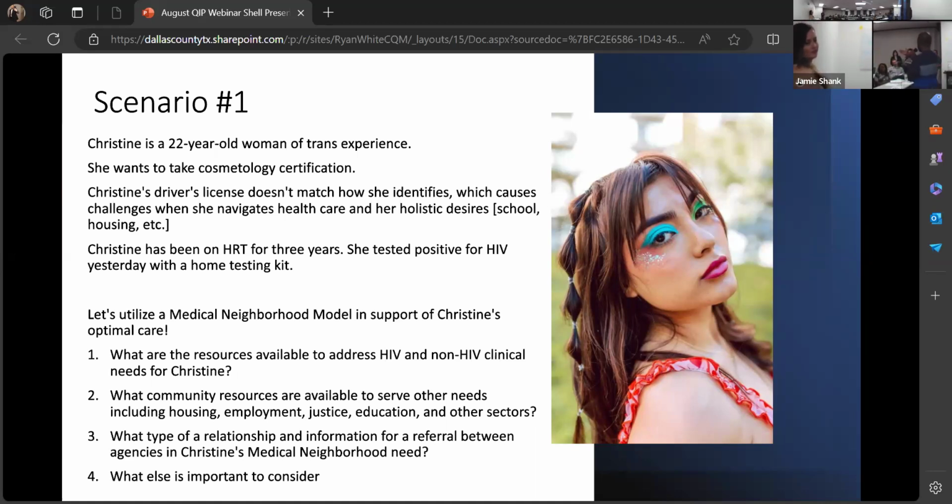Then Corey came in from Abounding Prosperity and took it to the next level: we need to find out what is important to her. She's gotten this at-home test. When she reaches out, that organization builds a relationship with her to get her, one, accepting of where she is with her status, and two, finding out what things are truly the most important to her.